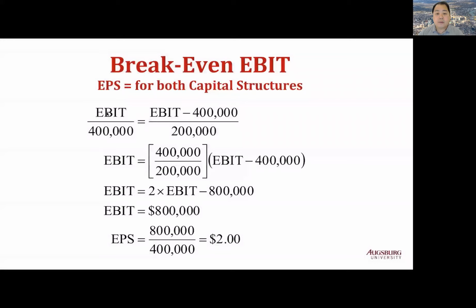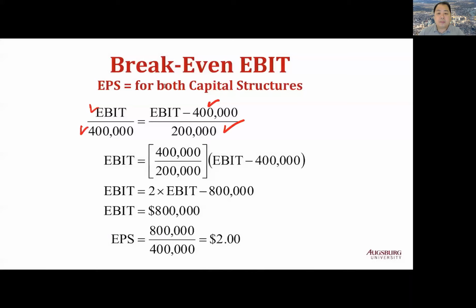We can find the break-even EBIT, which makes both capital structures indifferent. Let's find the EBIT that makes both EPS the same. Current EPS is EBIT divided by 400,000, the current number of shares. After restructuring, EPS is the new net income, EBIT minus the interest expense generated from the leverage, $400,000, divided by the new number of shares outstanding, 200,000.